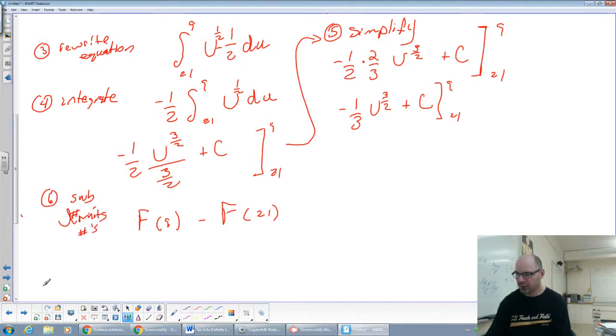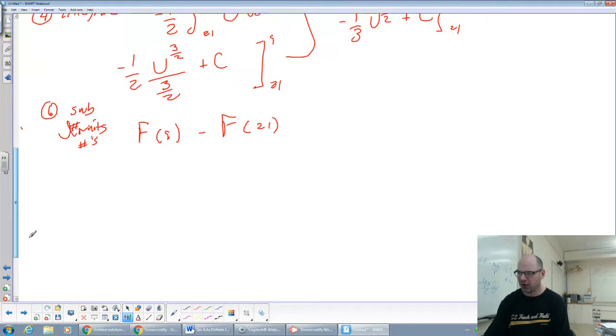In our case, it's negative 1/3 times 9 to the power of 3 over 2, minus negative 1/3 times 21 to the power of 3 over 2. We can put decimals in there if you want.